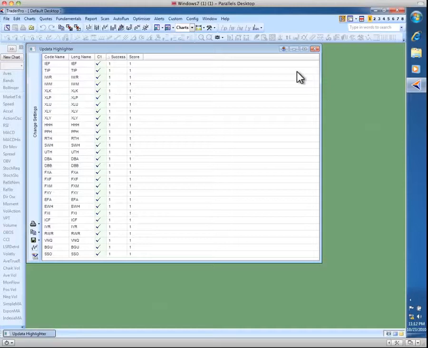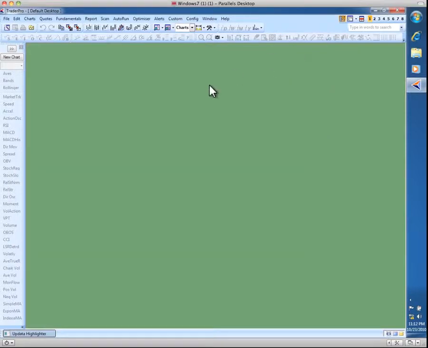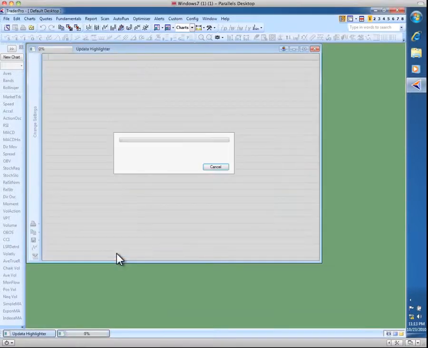The scan for the breakout is already done while I was exporting the files out from iVolatility. So now I'll run the scan for the breakdown. And you can see that it's pretty quick.